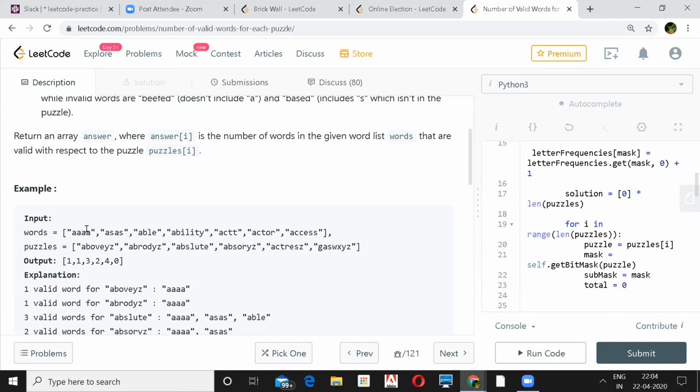Not a subset, but the set difference. Let's say the first word and first puzzle. If you take it as a set, that removes all the duplicates. Then you do the set difference of that puzzle minus the first word, AAA. That set difference would take time; it's not O of one.